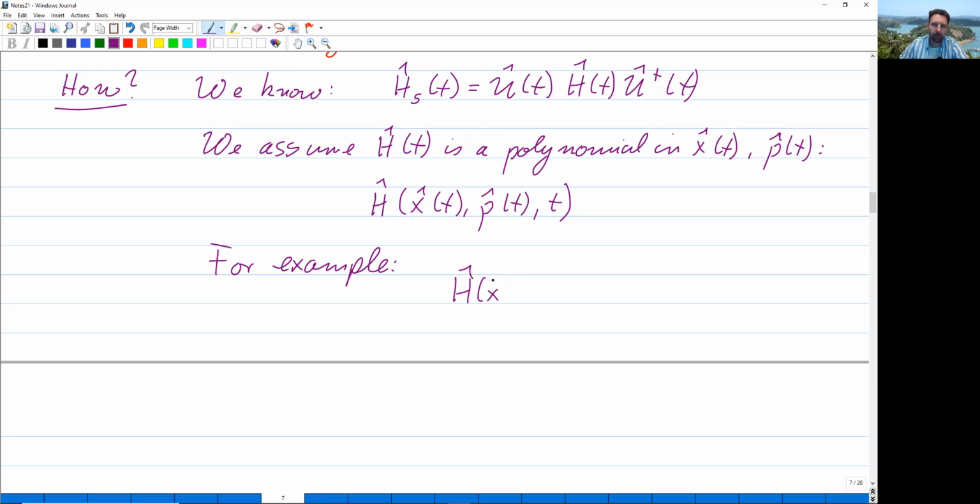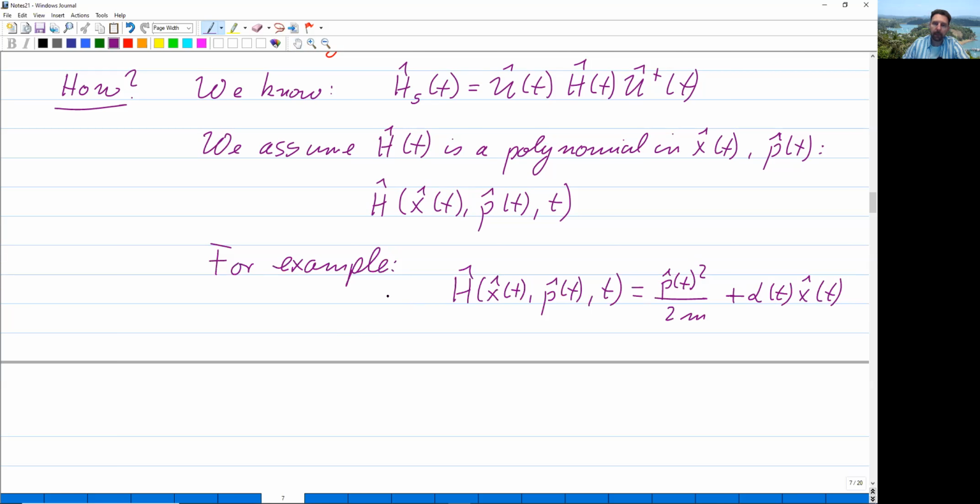H hat of x hat of t, p hat of t, and t could be p hat of t squared divided by 2m plus alpha of t, which is some number valued function, alpha of t times x hat of t, just to pick some random example. See, this has the x hat of t, p hat of t, and it also has some explicit time dependence in it.